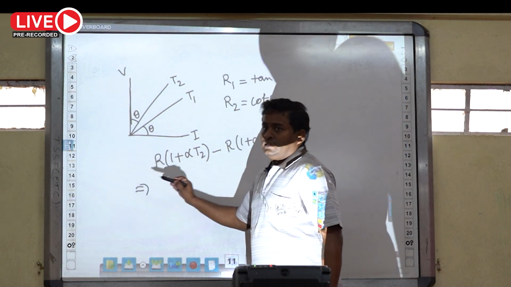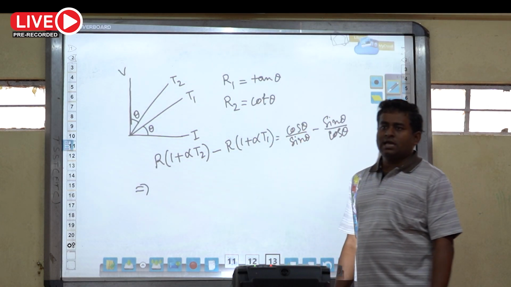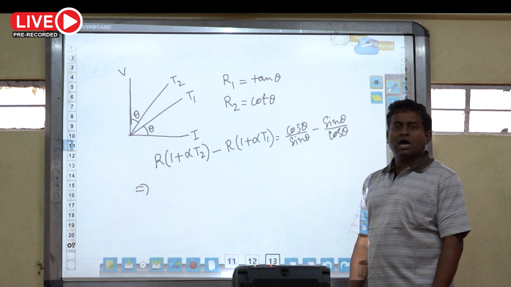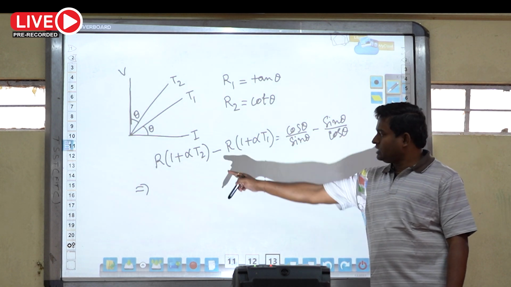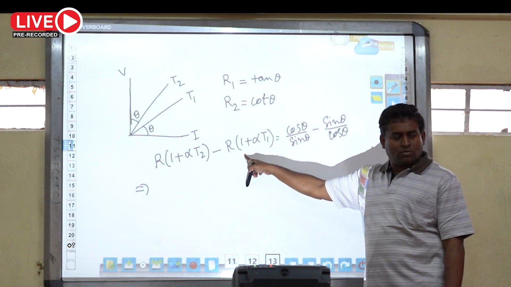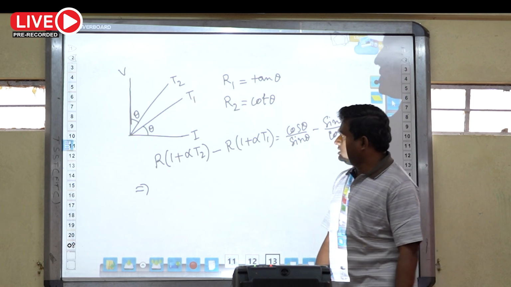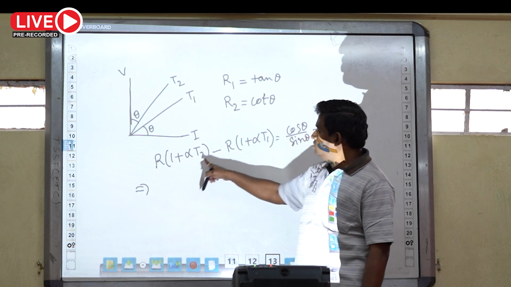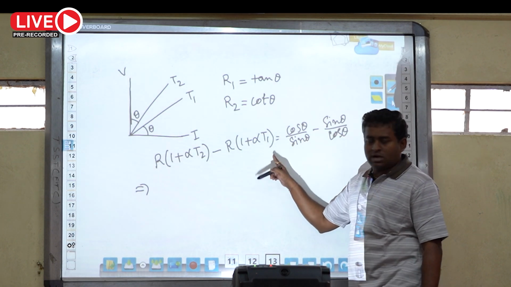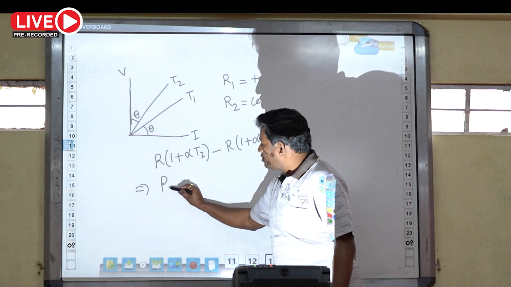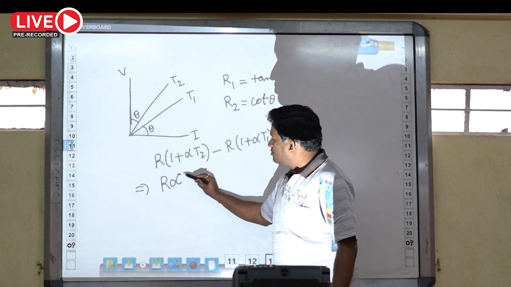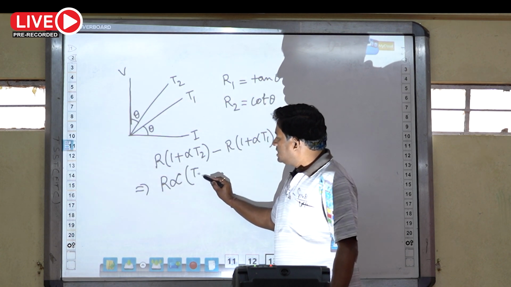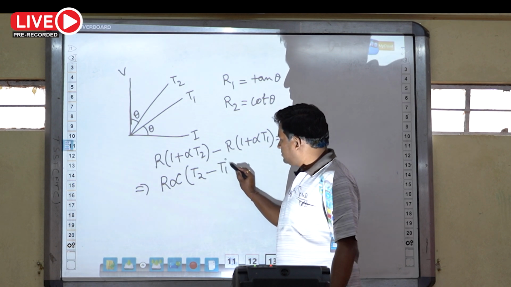Now if you multiply and open the bracket, then R will cancel. First R1, R is there, 1 R is there, it will cancel. Then the remaining terms will be R alpha T2 minus R alpha T1. So R alpha can be taken common. Then it will be T2 minus T1.